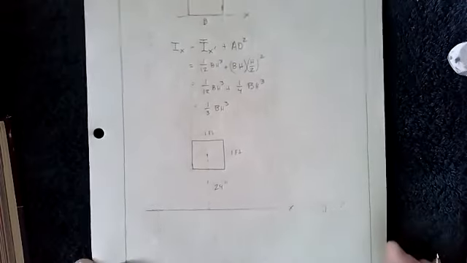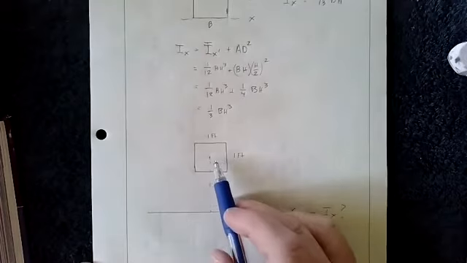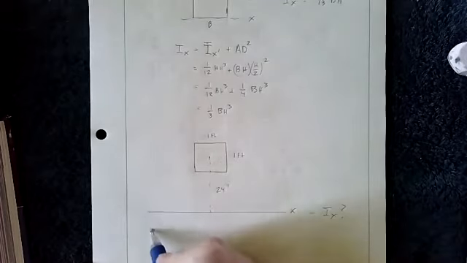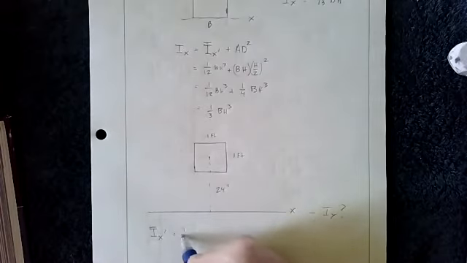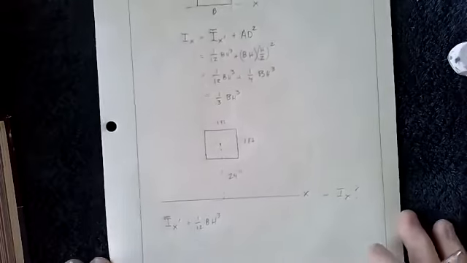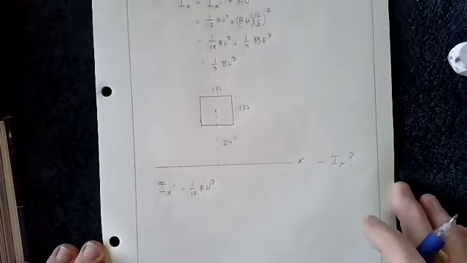All right. So we know that for a square or rectangle, Ix prime is just, again, 1/12 BH cubed, and so we can calculate that.